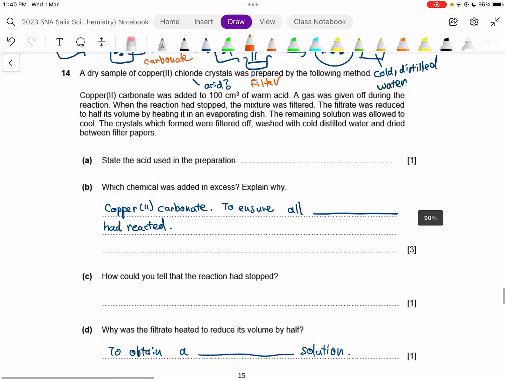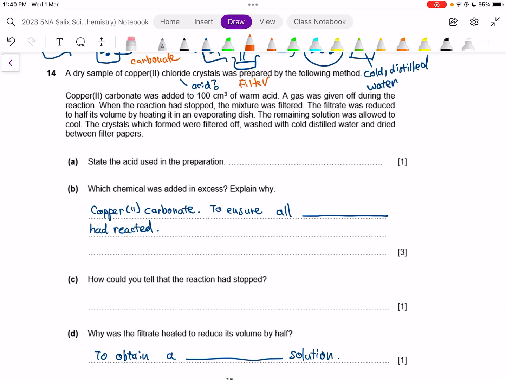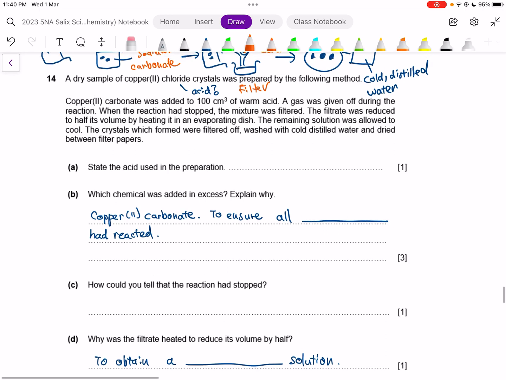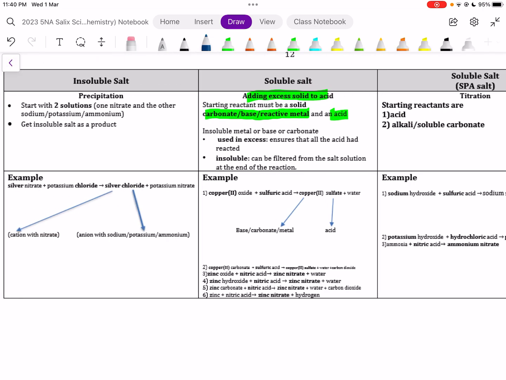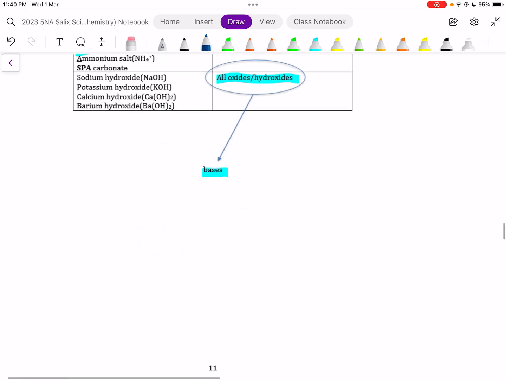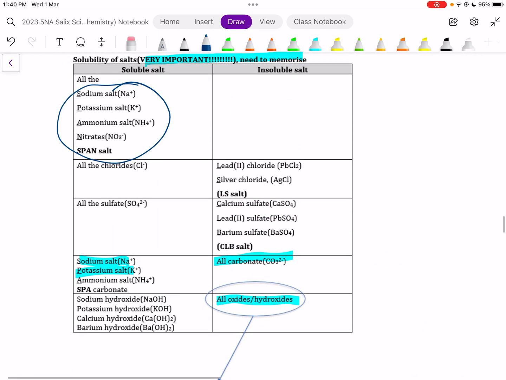Question 14 I think is a question on adding excess solid to acid. How do I know? Let's look at the question. You have to prepare a sample of copper(II) chloride crystals. If you check the solubility of chlorides, all chlorides are soluble except for these two.